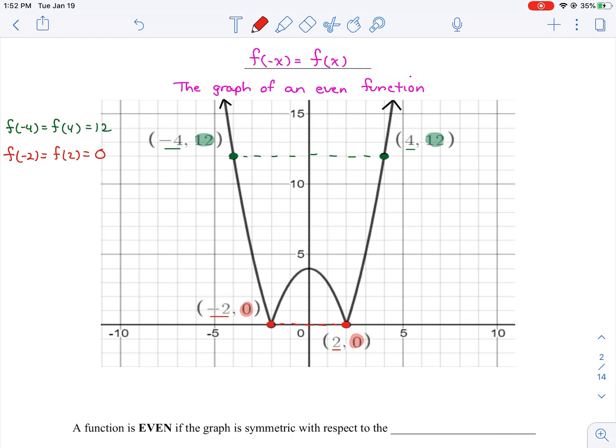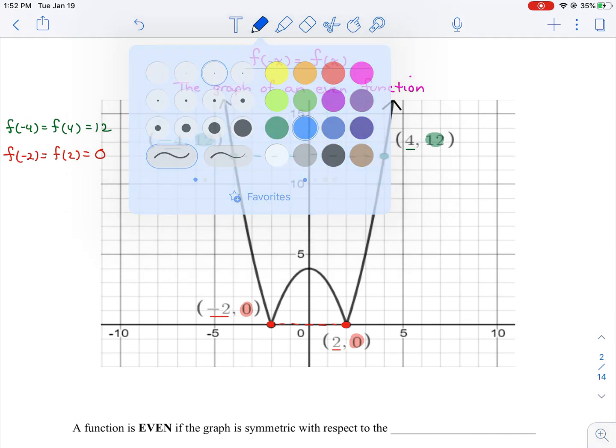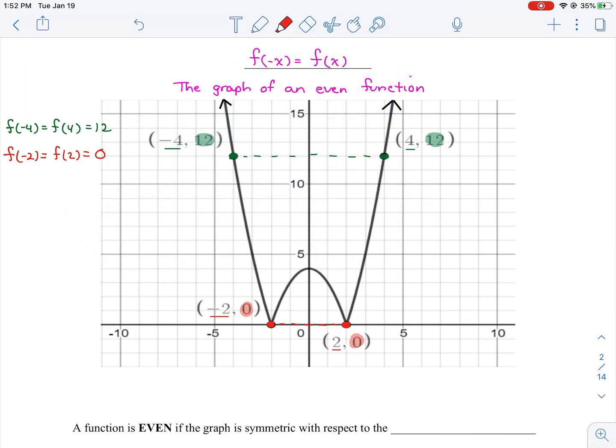Now what I'm going to do is select a random point on this graph and show you that this property still holds. So I'm going to pick the coordinate, let's go -3, 5.